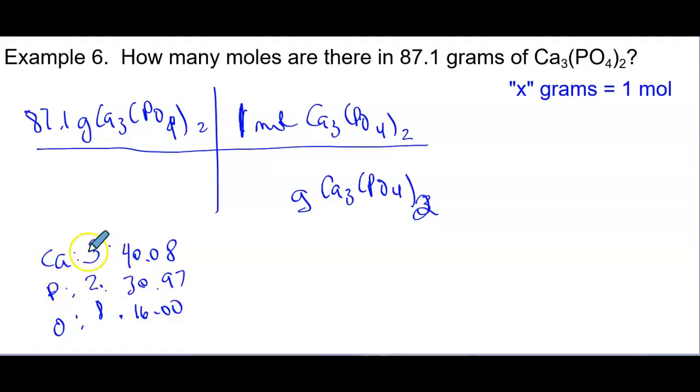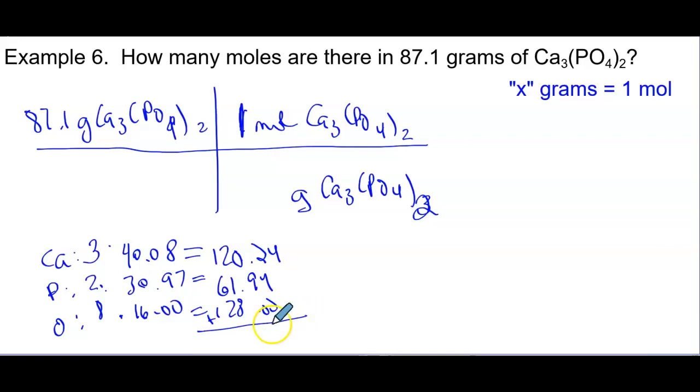So we count each number of atoms in the formula and multiply across. 40.08 times 3 is 120.24, and 30.97 times 2 is 61.94, and 8 times 16 is 128.00.